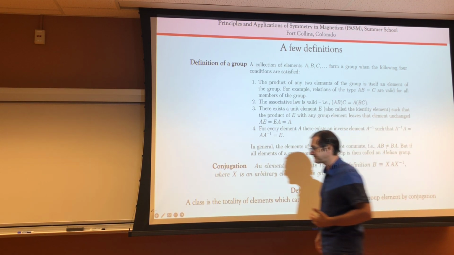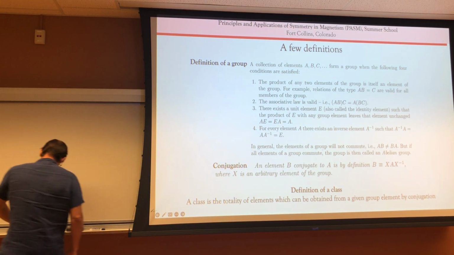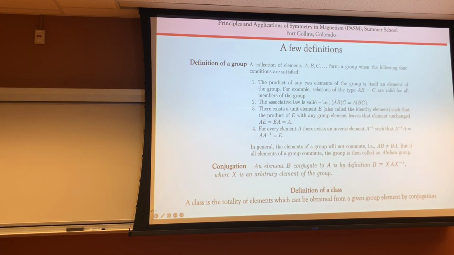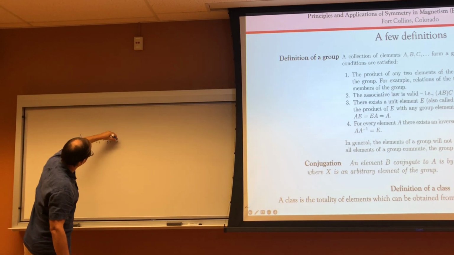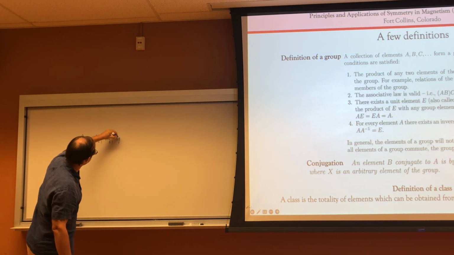So basically, what does it mean? It means that you have, let's say, a group with different operations, different symmetries.